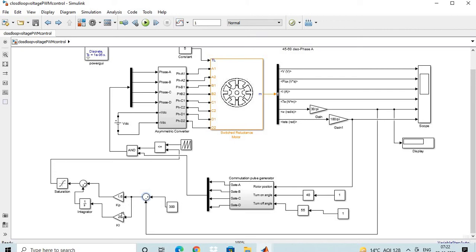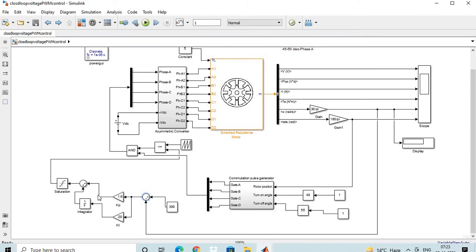Then that error is given to two controllers. Here Kp, the proportional gain, is given, having the value of 1.6, and the error is also integrated with the help of the Ki gain, which has the value of 20, and another integrator is connected in series with this integral controller.